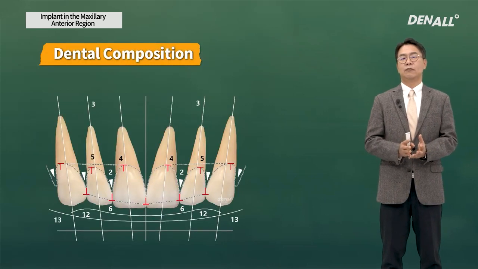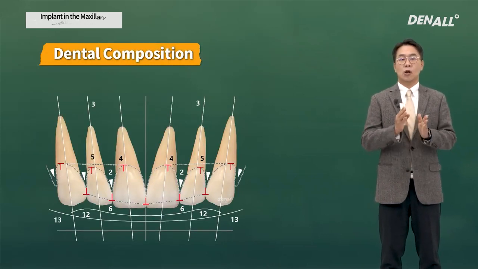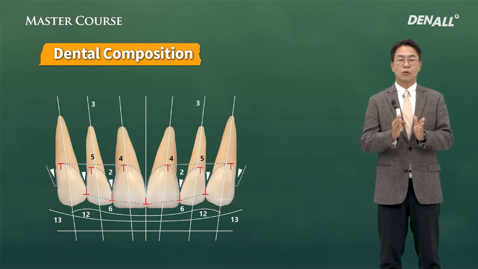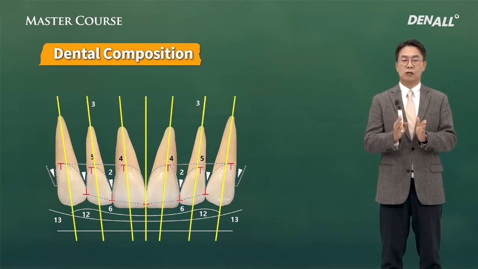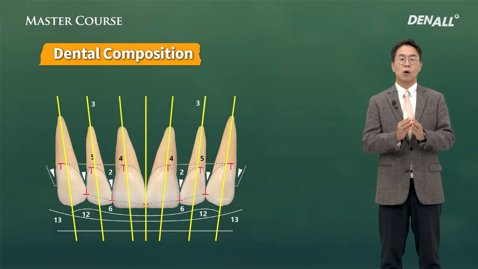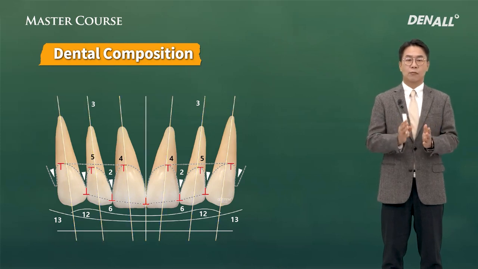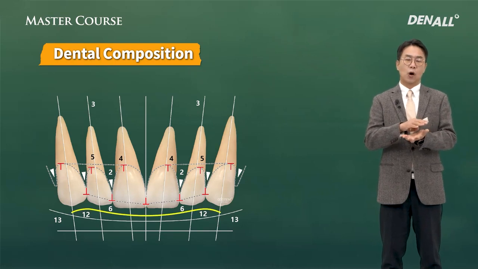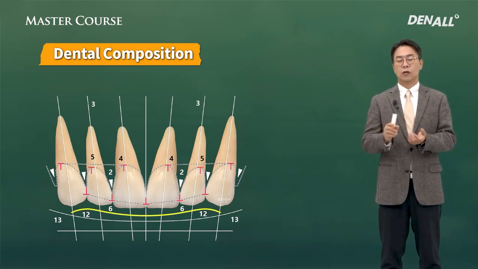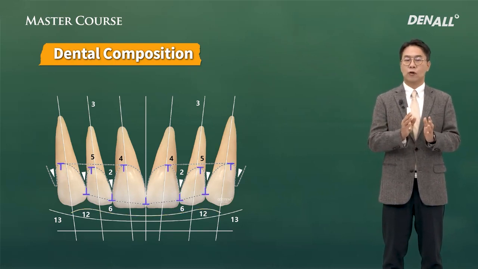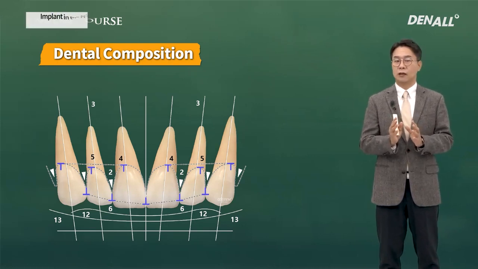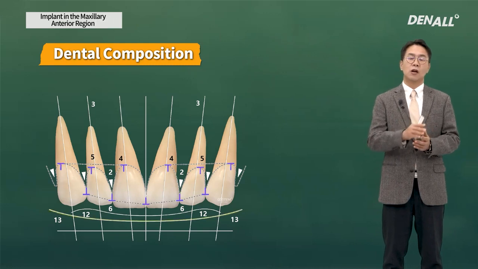Let's look at the dental composition in more detail. Do not be concerned about the numbers. Look at the angles. At number 3, the long axis is maintained, and look at the forms of the teeth. Also, the embrasure between the teeth at number 6 is on the gingiva as well as the incisor, so we need to consider them.